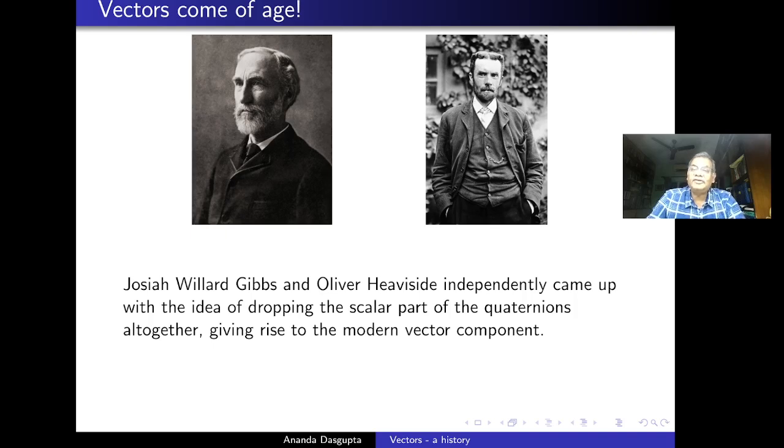Gibbs and Heaviside essentially said that we will work only with pure quaternions. That of course meant scalars and vectors could no longer be added together, but the product of two pure quaternions being the sum of a scalar and a vector part, or a pure quaternion part, became two separate things. In their version, you ended up with the scalar product and the vector product, the dot and the cross.